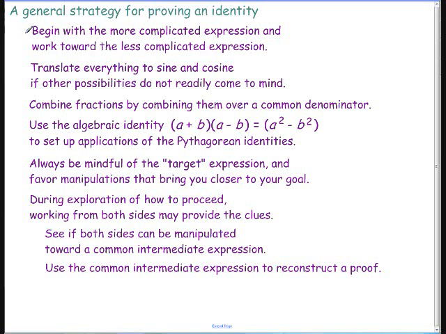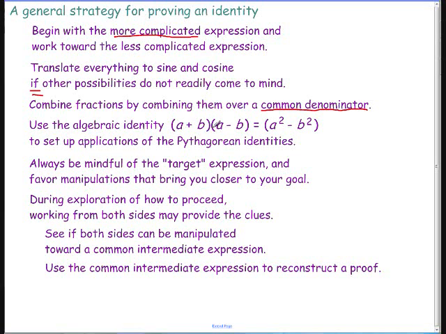Now here are some hints. You begin with a more complicated expression, so make that the one that you work with. If you don't know where to go with that, translate everything into sine and cosine. It can always be done. When you have fractions, combine them over a common denominator.